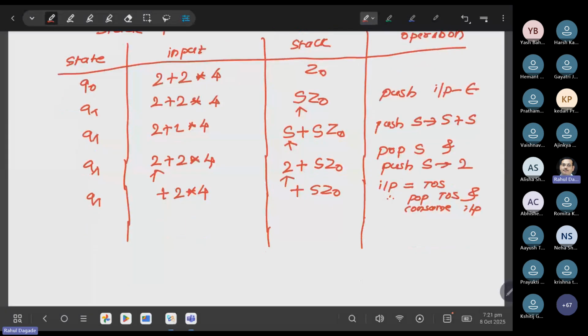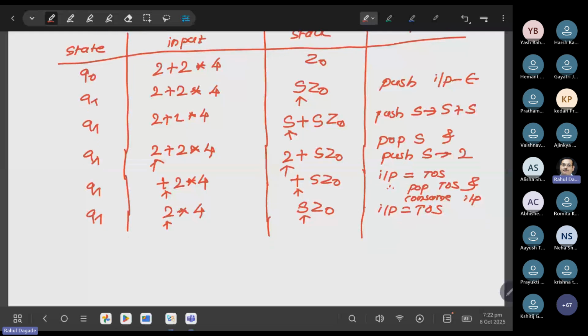Now again plus is there and it is matching with the top of stack plus, so consume it. So in Q1 plus is consumed, so the remaining input is 2 into 4 and the remaining stack is now S Z0. Now the top of stack is S and the input is 2, so they are not matching.